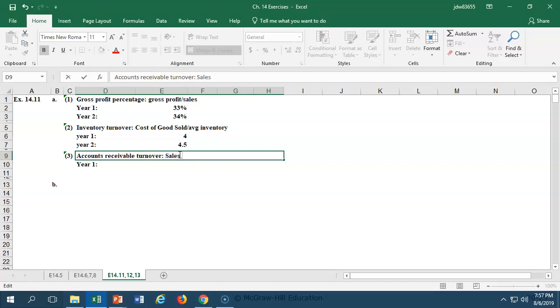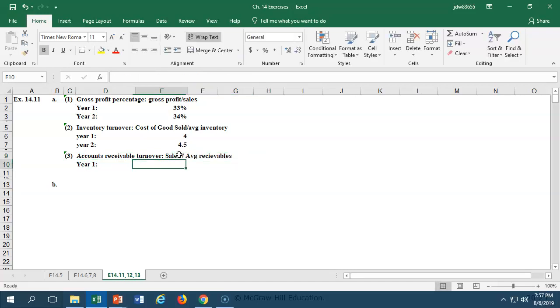This is going to be sales divided by average receivables. Year one sales 610,000, average receivables 100,000.